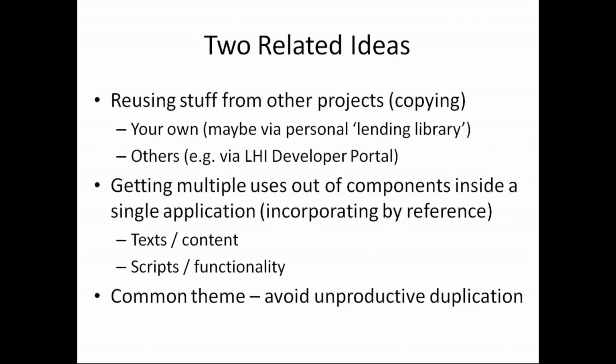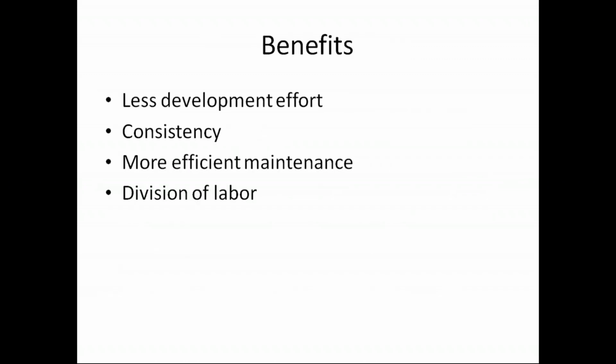And it can be either textual componentry, modules, or it could be logical components, scripts, that essentially represent different kinds of functionality that can be reused at multiple locations. But the common theme between these two different ideas is that of avoiding unproductive duplication. How do we, as engineers of these applications that are designed to help the world avoid duplicating effort when they're generating documents, how do we in our development work minimize unproductive duplication?